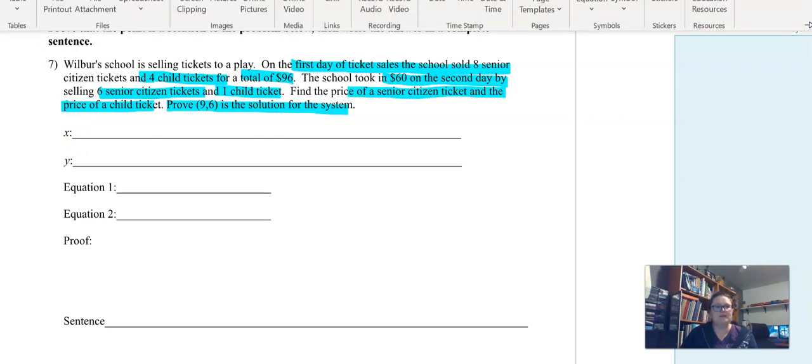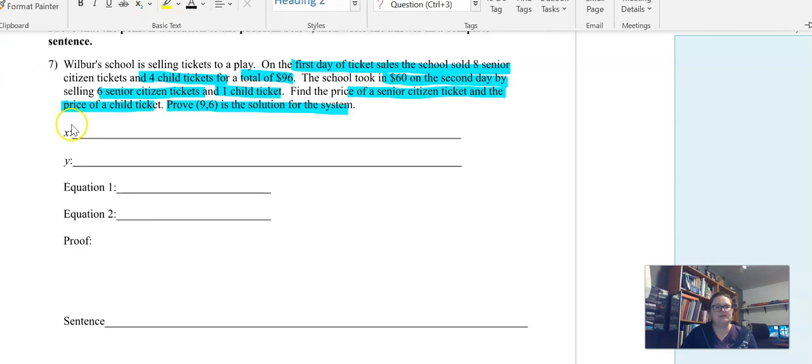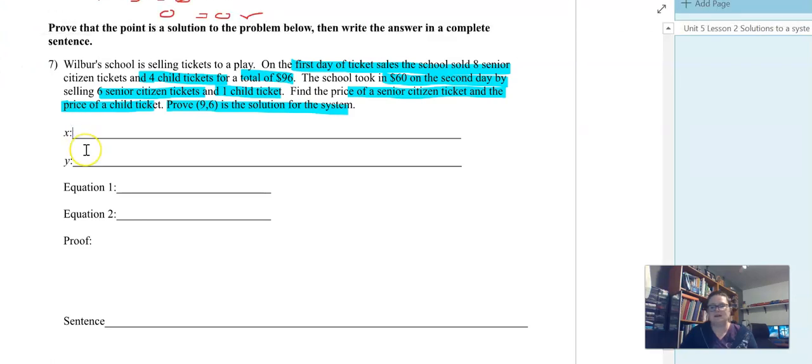Commonly, you're going to see X being the first number, like the first thing that we're asked to find, and Y being the second thing. So it says find the price of a senior citizen ticket and the price of a child ticket. So that means X is going to be the price of a senior citizen ticket, and Y is going to be the price of a child ticket.